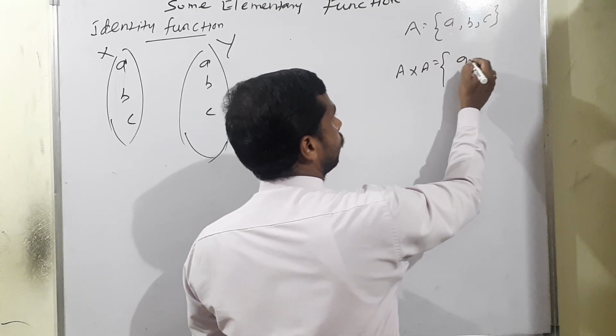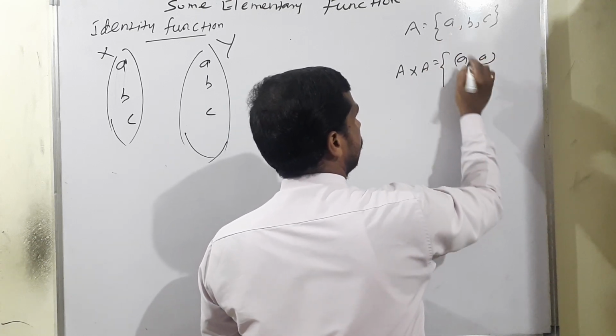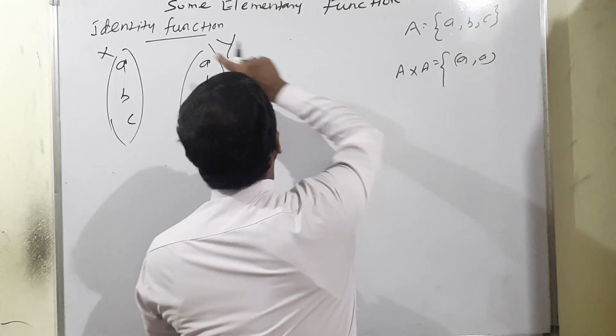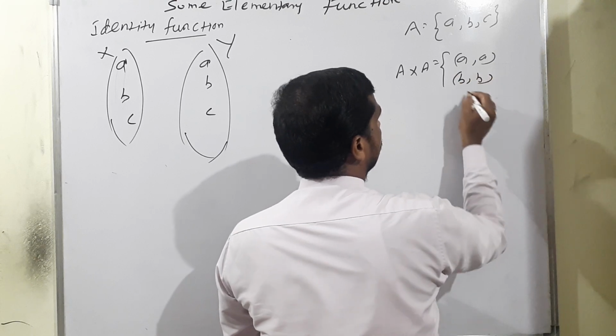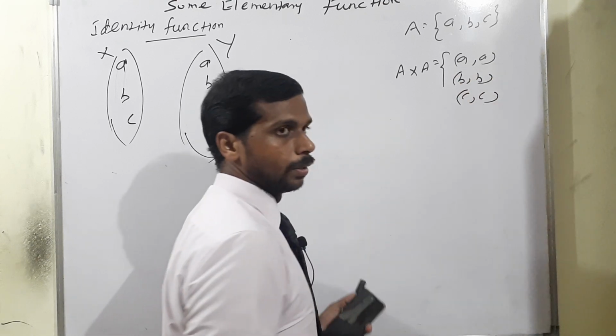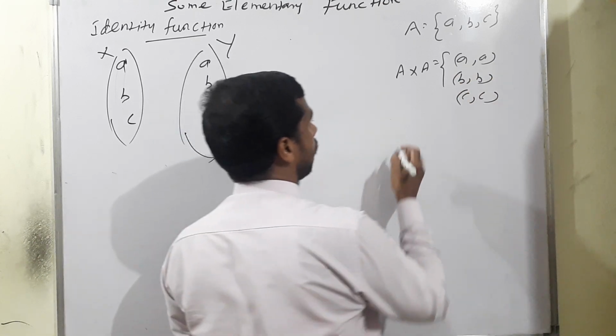Definitely the first pair is A, comma, A, the second pair is A, comma, B. But in the identity function, B comma B will come, and at the same time C comma C will also come.